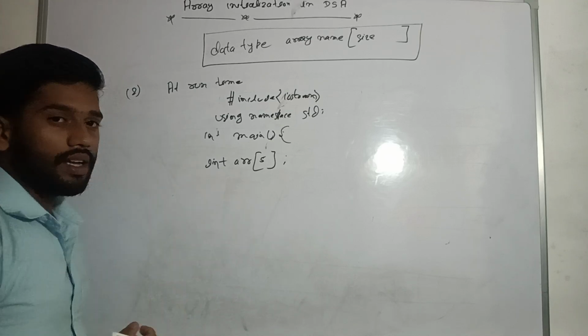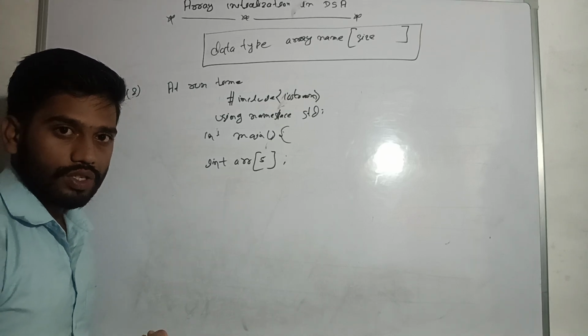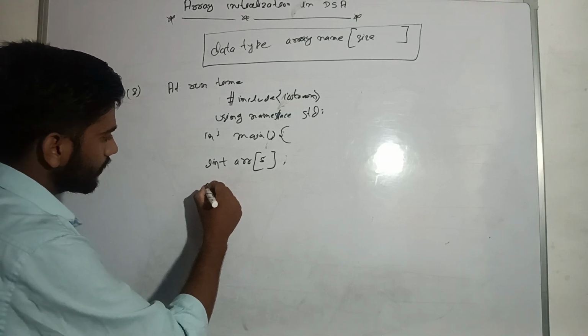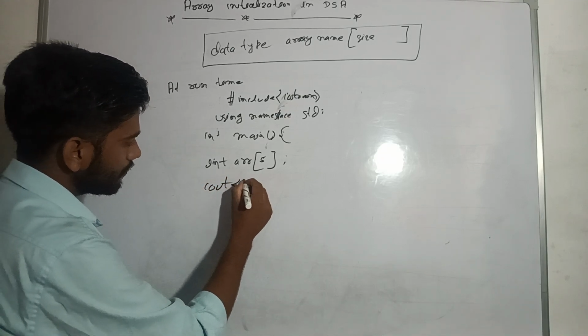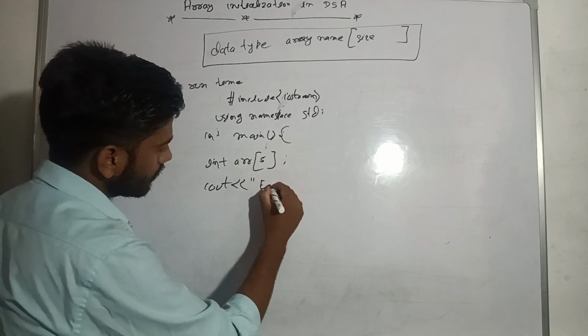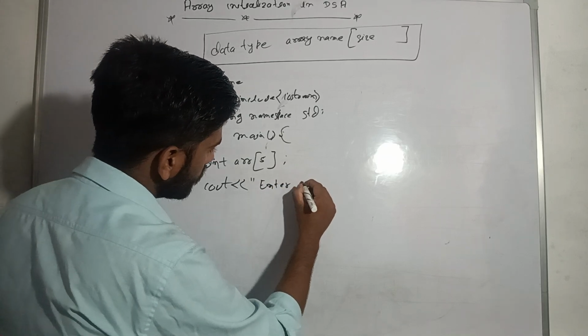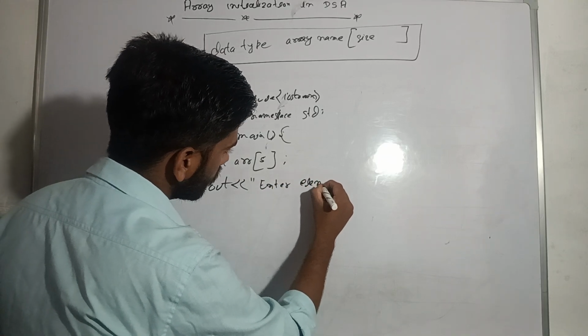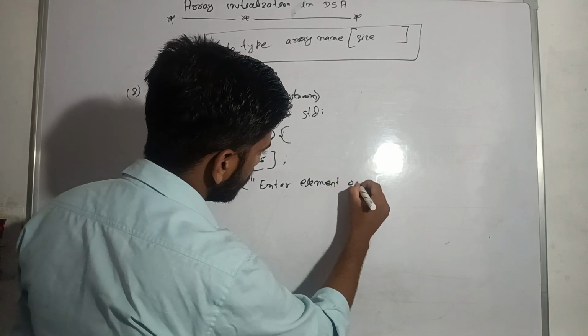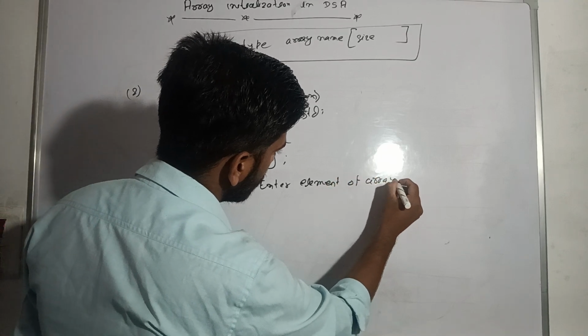Okay, now we can print any message to the user here, then cout enter element of array.